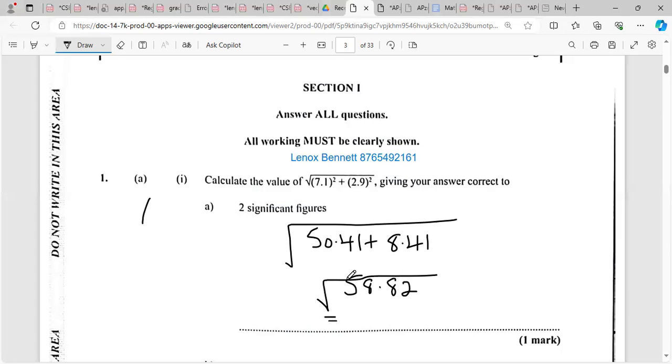This is 7.1 squared, 50.41, 2.9 squared, 8.41. So this gives us the square root of 58.82. Alright, that gives me 7.66.